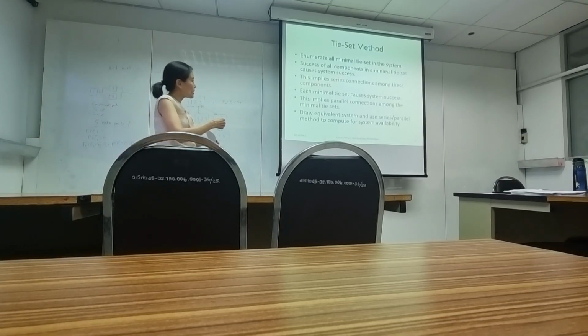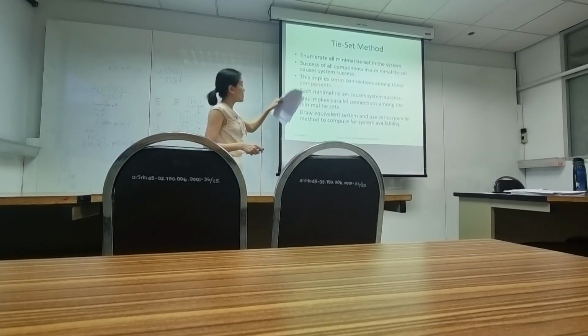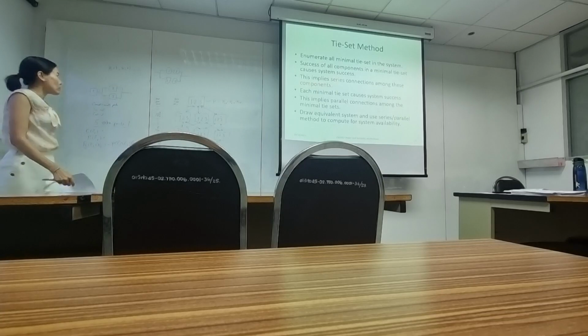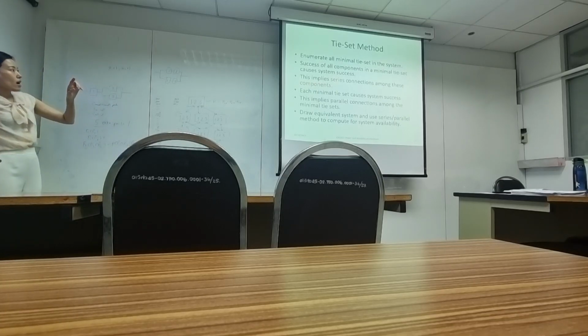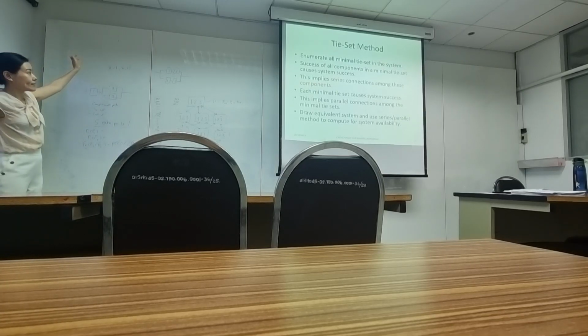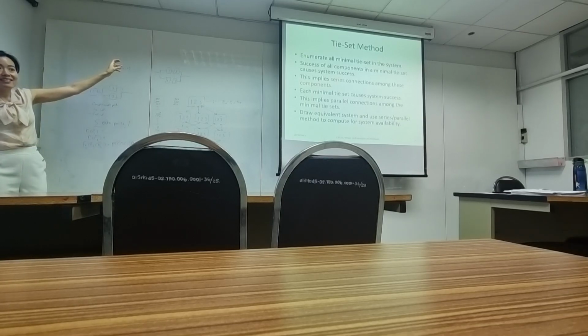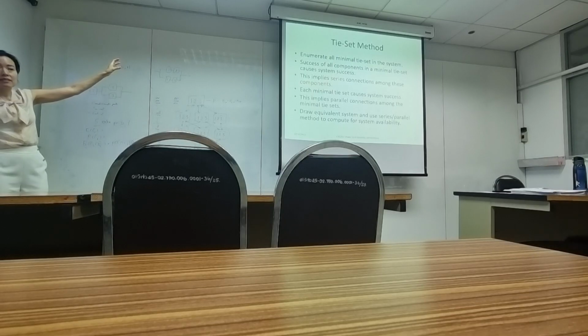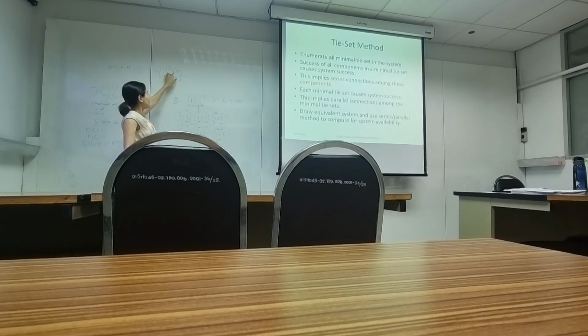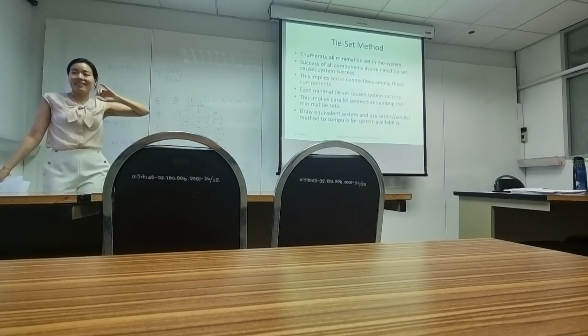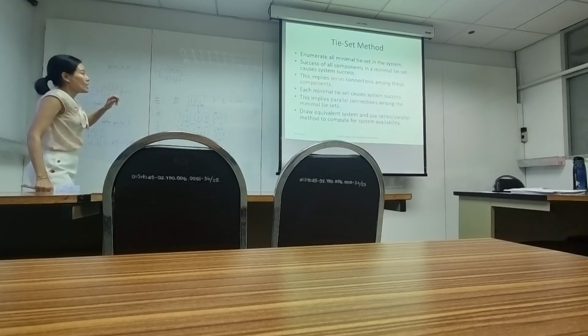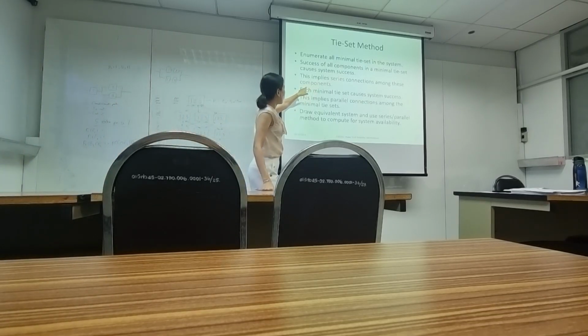In the tie set method, you enumerate the minimum tie sets. The minimum tie set says that all the components in it will give system success. This means that it represents the series connection among these components.